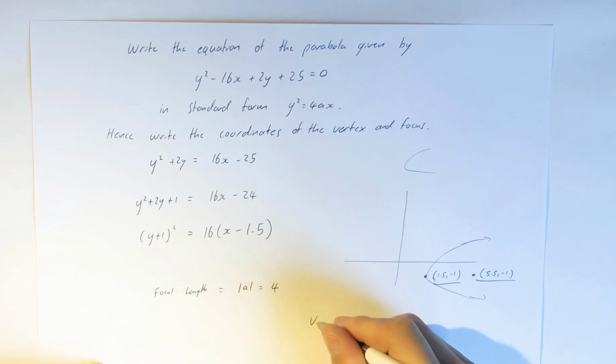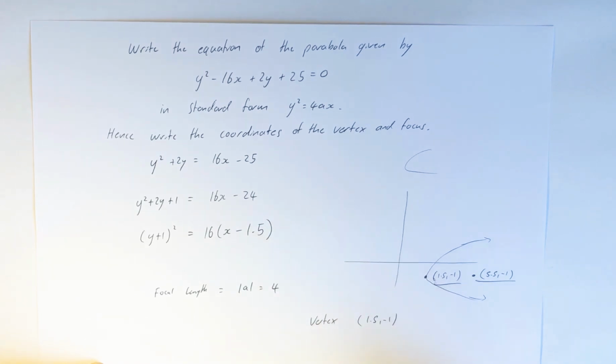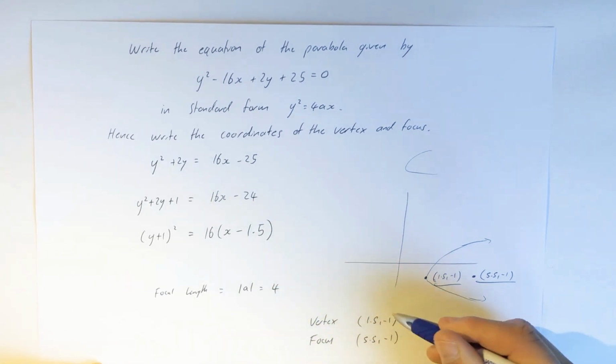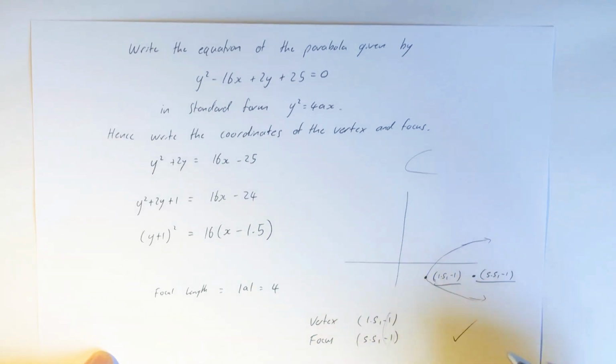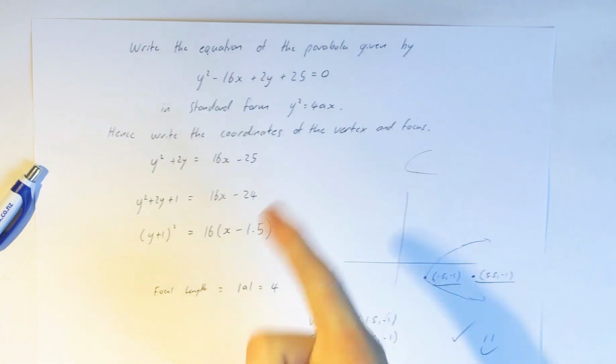The vertex is at 1.5, negative 1, and the focus is at 5.5, negative 1. So that usually happens, right? Because they're on the same horizontal line through y equals negative 1. Awesome. Like that smash button.